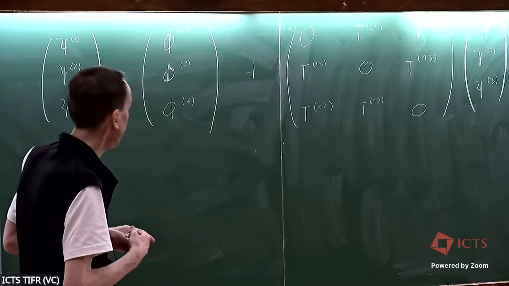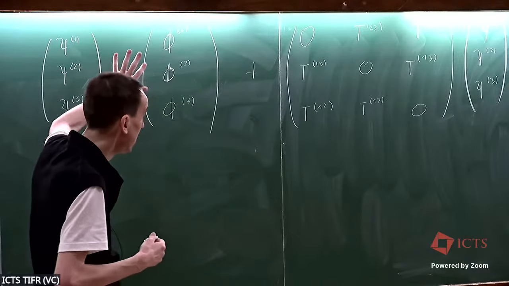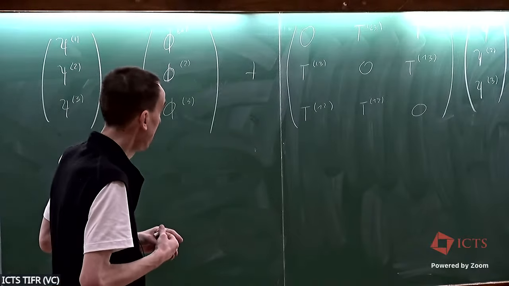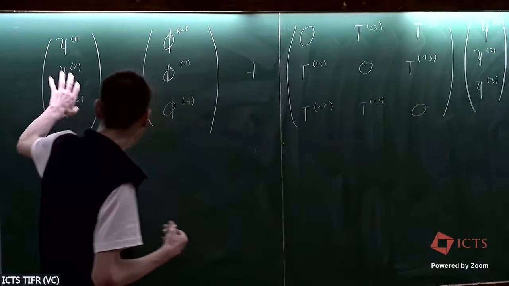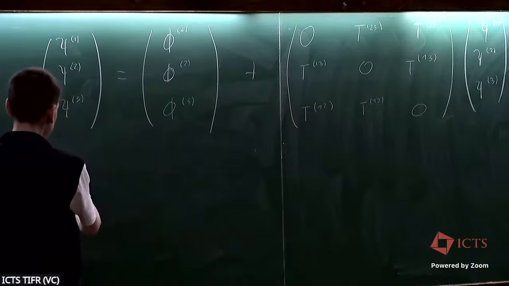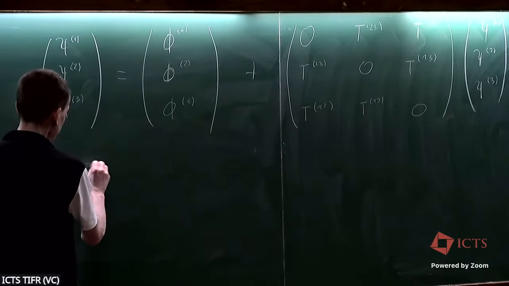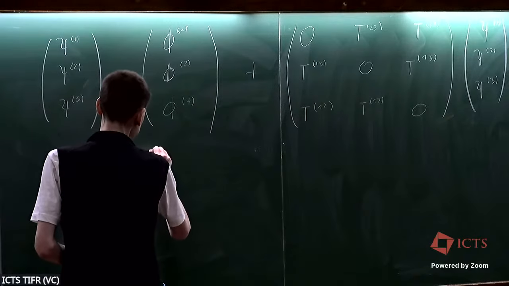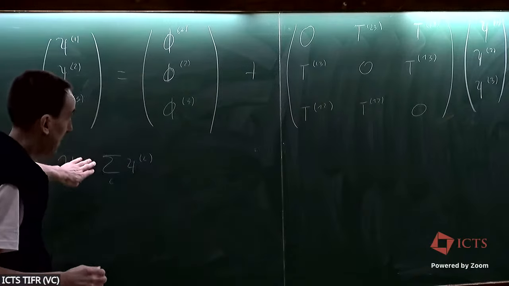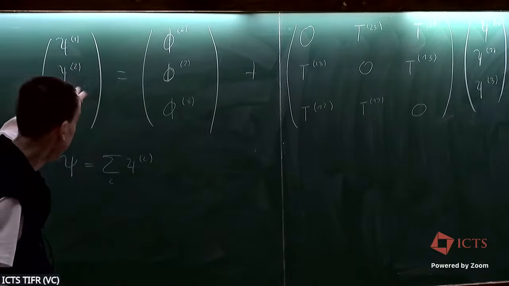What I want to give you is a short intuitive explanation of what and why that kind of decomposition of the total wave function into components has been done, and what has been achieved there.